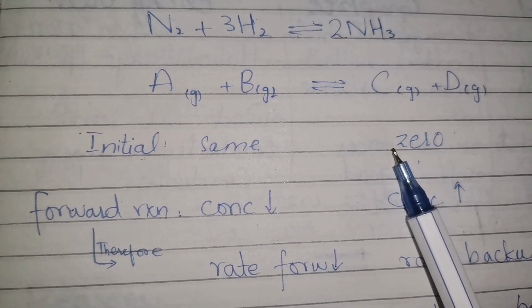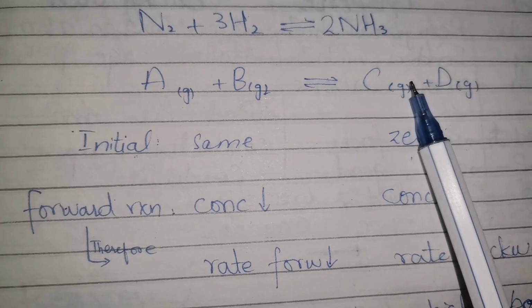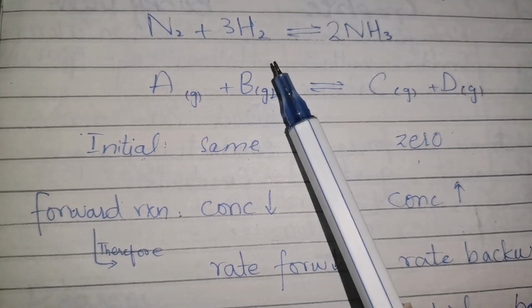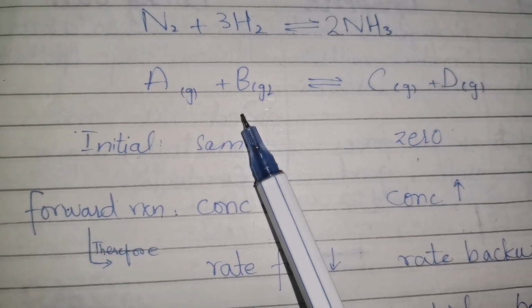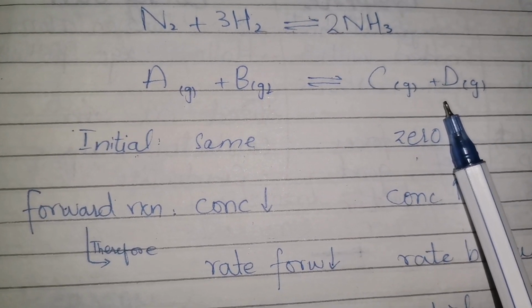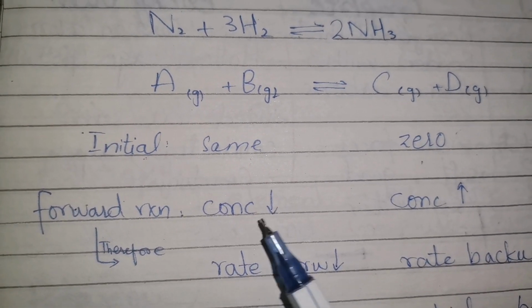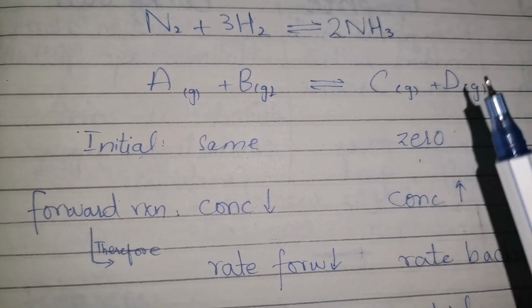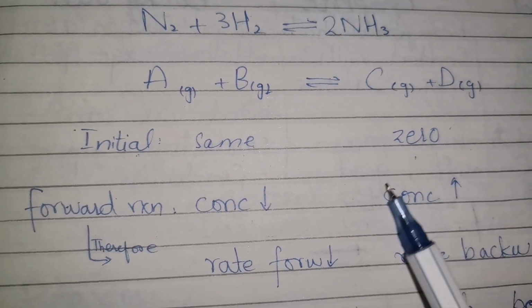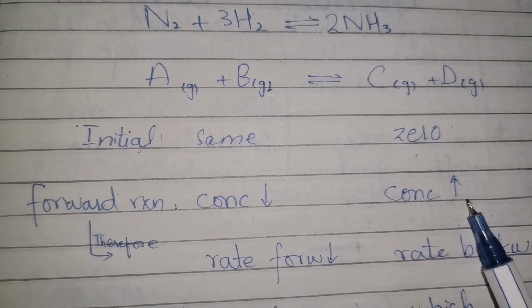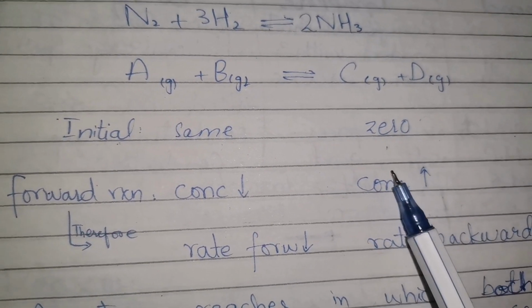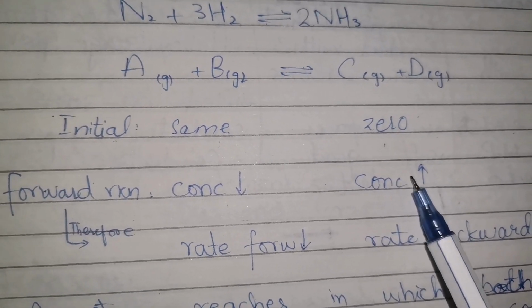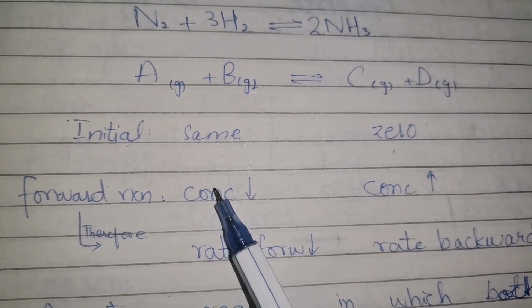But with the passage of time, as the forward reaction proceeds, the concentration of reactant decreases. Why? Because they are used for the formation of product. So reactant concentration decreases and that of the product increases. This means that now the product concentration is increased, so the product will convert into reactant.